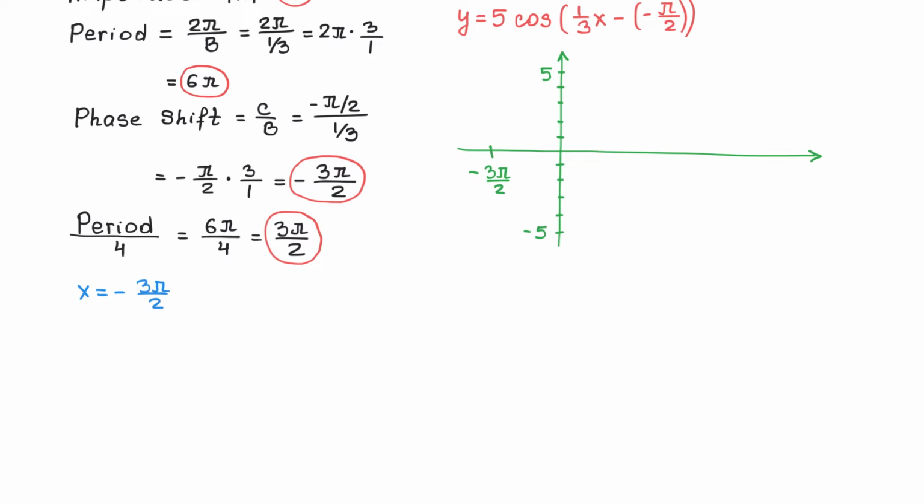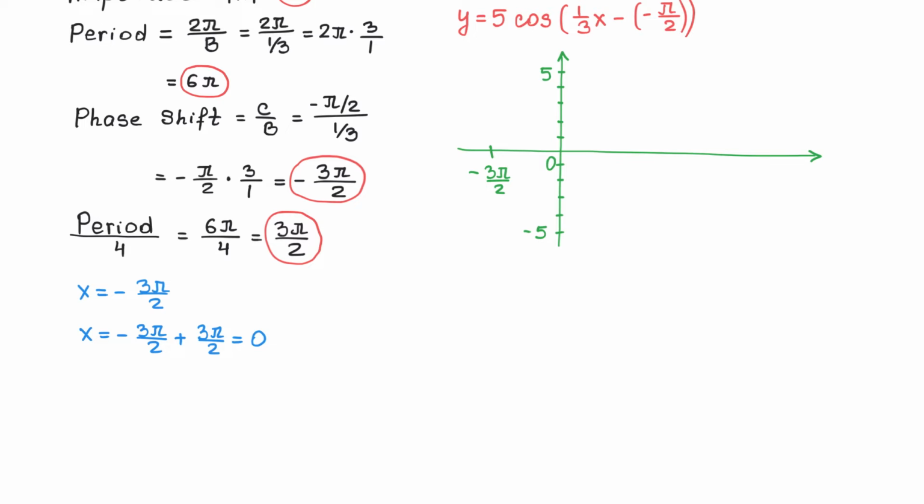Now to find the next x-coordinate, we take this one and we add a quarter period. Then x equals negative 3 pi over 2 plus 3 pi over 2, which is 0. And on the graph, that will be the origin.